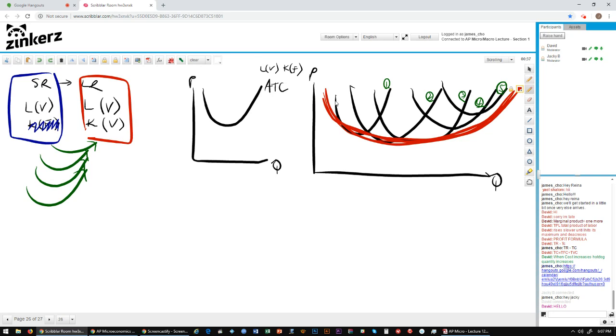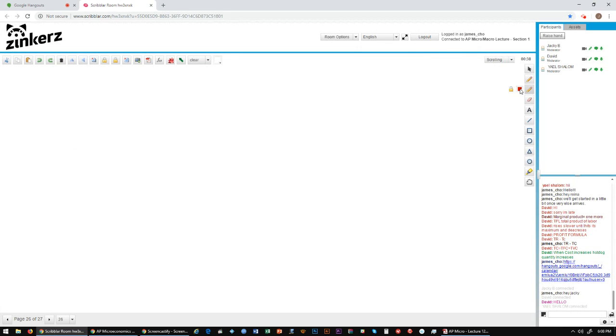Maybe if we're producing a lot, it's a good idea to have 3 or 4 or 5 factories. So all we're trying to do is pick our level of capital that's going to keep our costs as low as possible. David, does that basic idea make sense? Yes.